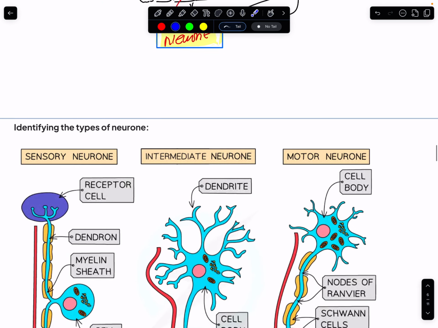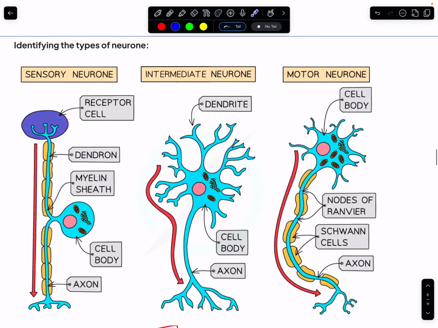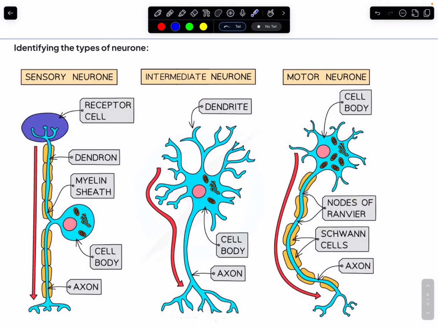Now, our idea would be to see how these different types of neurons look. If you see this first neuron, which is a sensory neuron, it would be lying in close association with the receptor cells. And these cells, if you remember, were lying within the sense organs like the eye, the nose, the ears and the skin that we have.